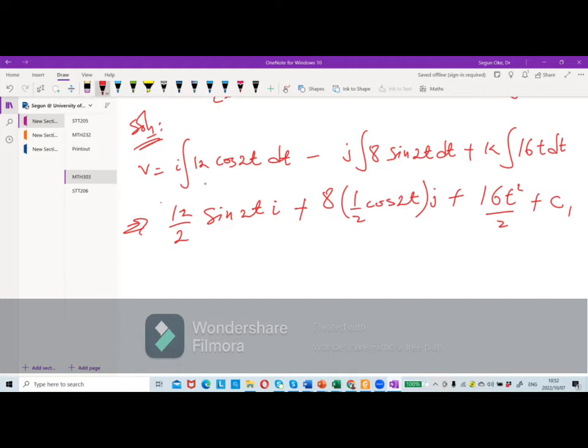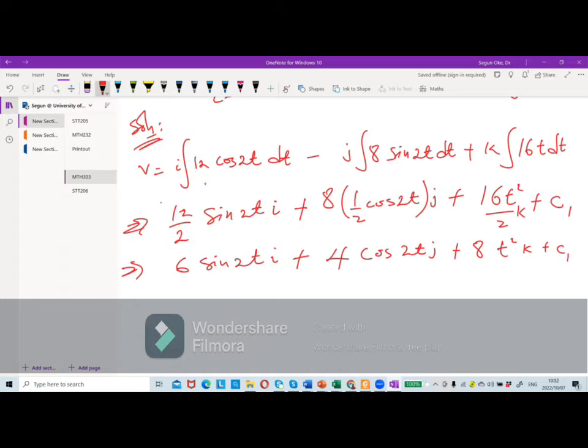Let's say plus c1. So at the end of the day, you have 6 sin 2t i plus 4 cos 2t j plus 8t squared k, plus c1.